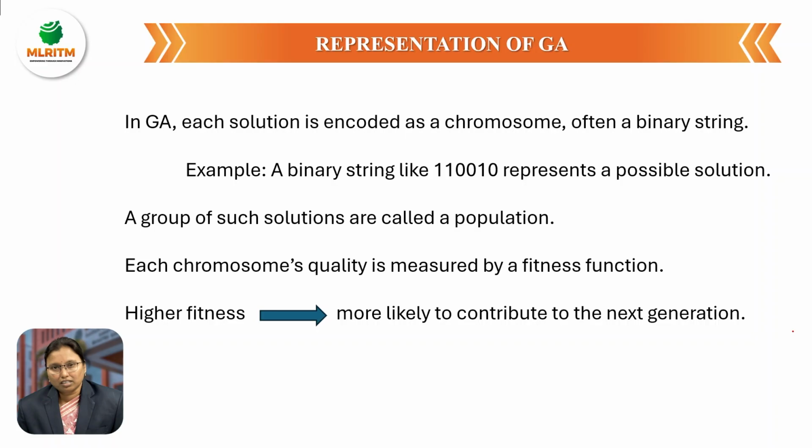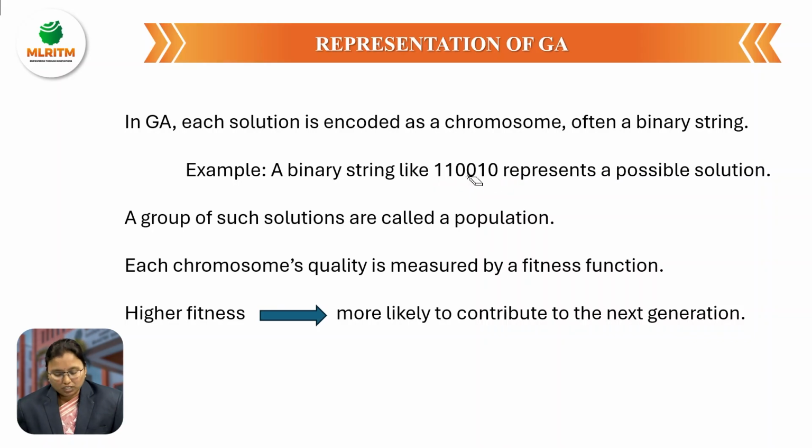In a genetic algorithm, each solution is encoded as a chromosome, often a binary string. For example, a binary string like 1 1 0 0 1 0, ones and zeros, represents possible solutions.